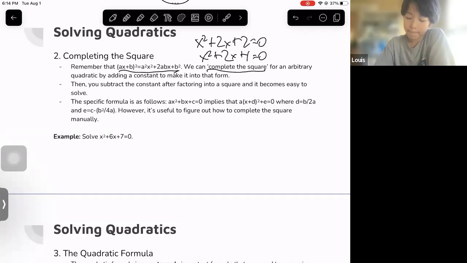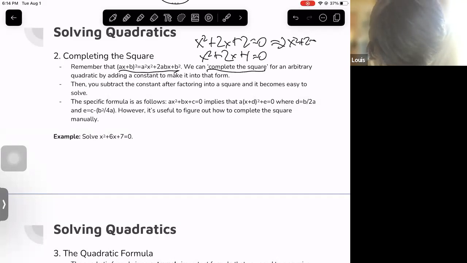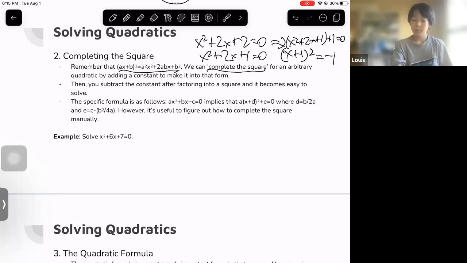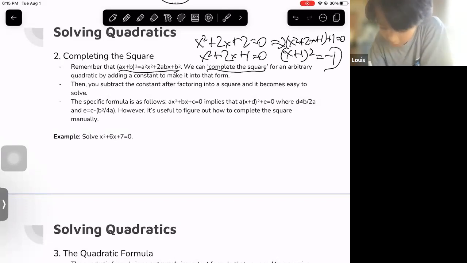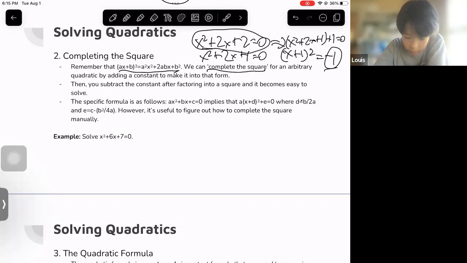So this would just become x squared plus 2x plus 1 equals 0, so we would have x plus 1 squared equals negative 1. But we have a problem here, because the square of any real number is always nonnegative, but negative 1 is negative. So this equation would have no solution.